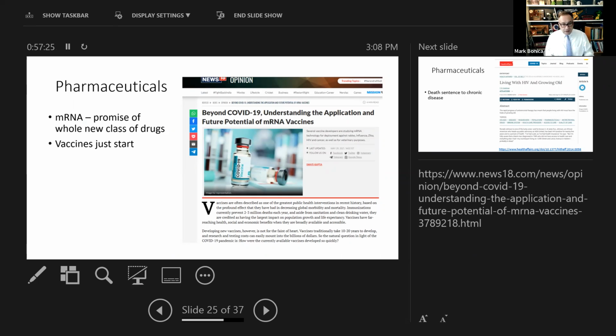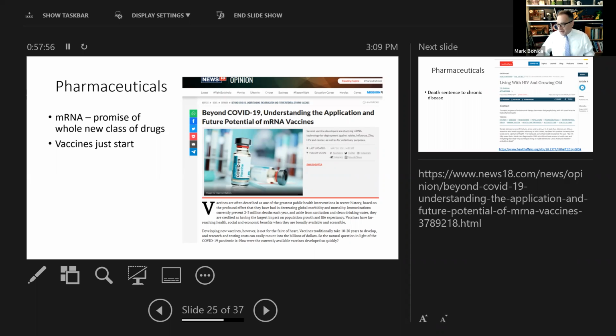Now, Moderna had been doing mRNA research for years, and my understanding was the research they were doing was not really oriented towards vaccines. It's more oriented towards cancer treatments. I think I talked about this back at the beginning of the class. This is a technology that we have only just started to tap, and vaccines really are just the start.